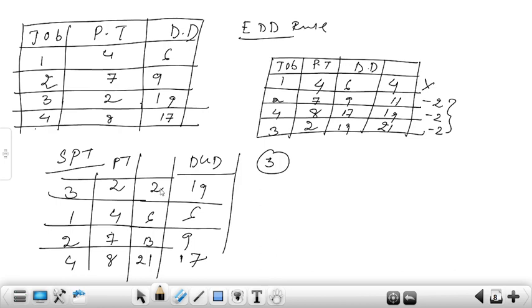So it is completed in 2 and the due date is 19, so no tardiness, and this is completed in 6 and the due date is 6, so no tardiness, and this is completed in 13 while the due date is 9, so 4 days required. And this due date is 17, this is completed in 21, so the days required are 4. So total tardiness is 4 plus 4, which is equal to 8. So total tardiness is 8.